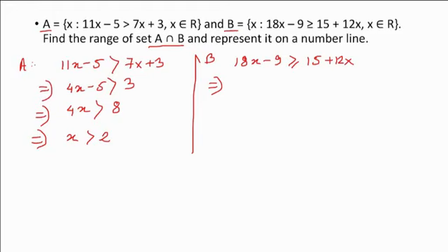In order to do that, we add negative 12x on both sides. So 18x plus negative 12x would be 6x. So 6x minus 9 is greater than or equal to 15 plus 12x, and then a negative 12x would be 0, so only 15 remains.